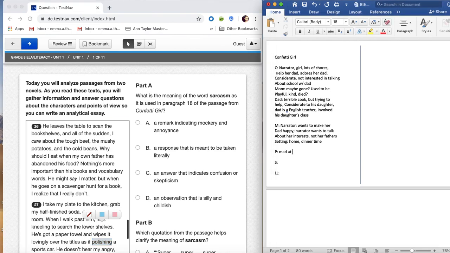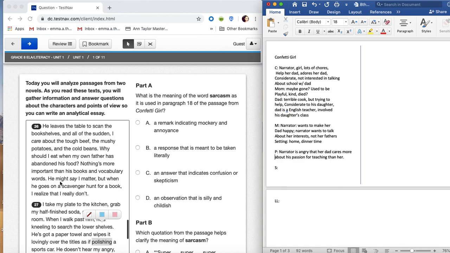So I'm actually going to delete mad at dad. When I reread that part, it made me think she is angry. The narrator is angry that her father, her dad, cares more about his passion for teaching than really her. She says, like, I don't matter.